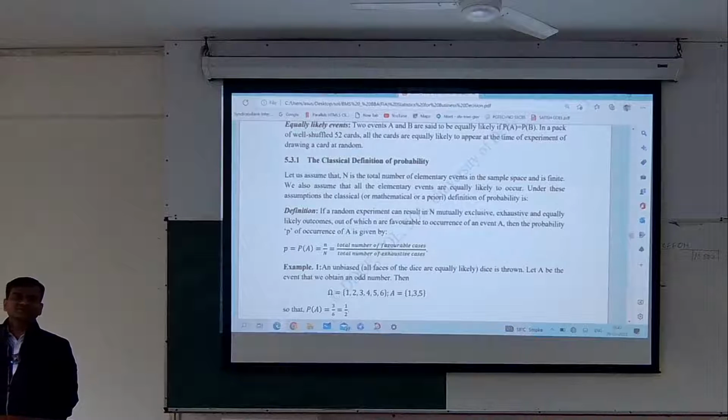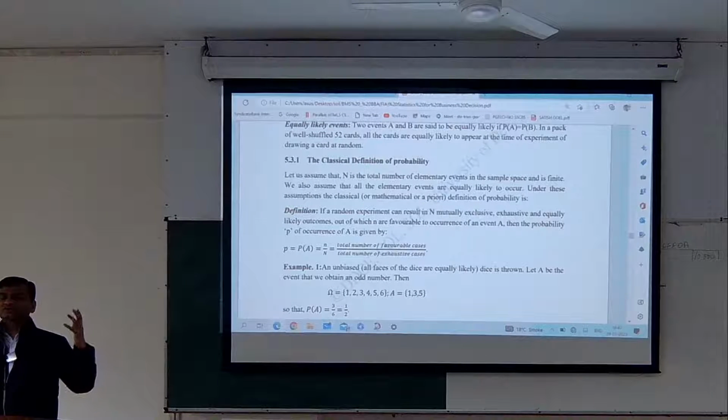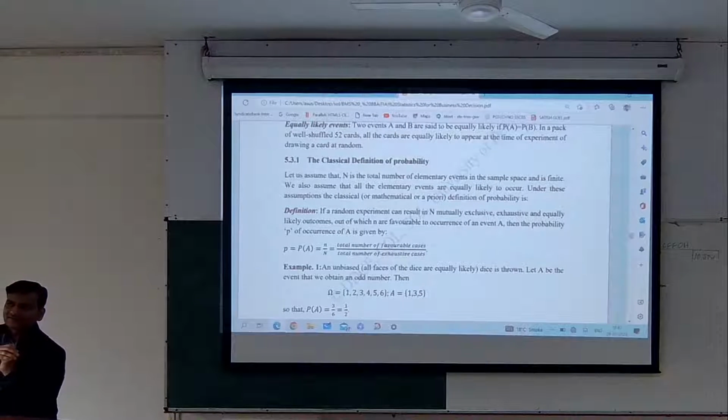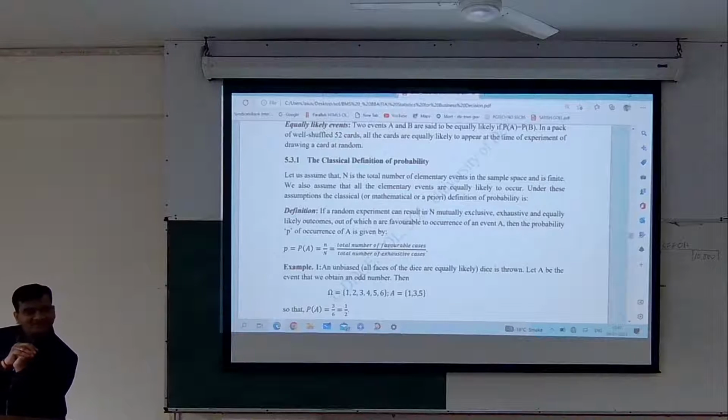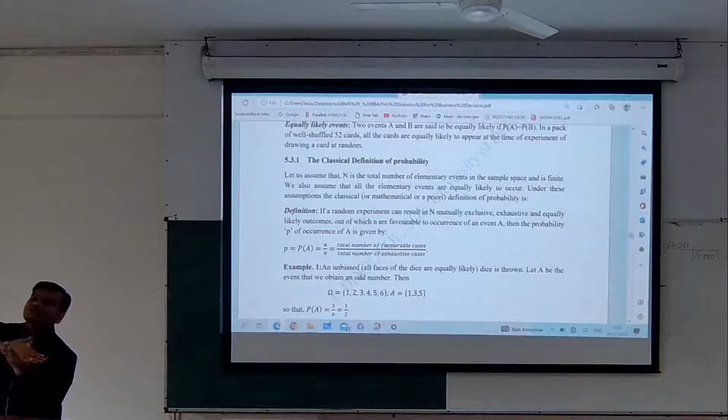Mutually exclusive means happening of one would rule out the happening of the others. If 1 has come, then 2 3 4 5 6 cannot come. Only one comes on a die, either 1 or 2 or 3 or 4 or 5 or 6. The two events cannot occur side by side. It is not that you can have 1 and 3 simultaneously. So mutually exclusive means if one occurs, then it rules out the occurrence of all other events.